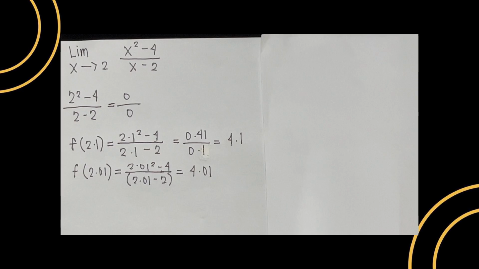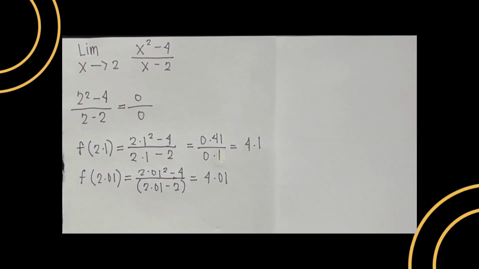So we could say that the limit as x approaches 2 of this function is equal to 4. This technique works for any limit as long as you plug in a number that is very close to whatever this number is, but not exactly that number. If the limit exists, it's going to converge to a certain value.